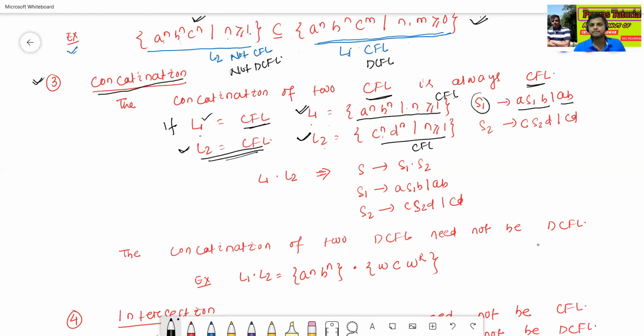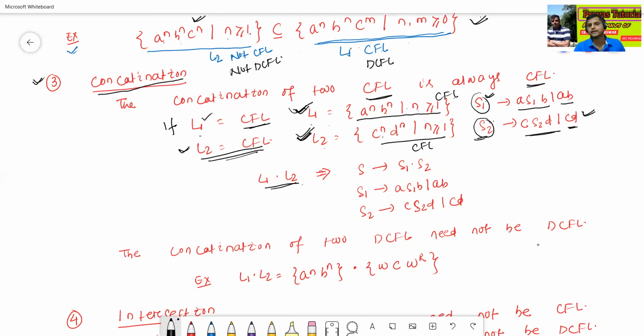Since L2 is CFL, we can also construct the context-free grammar S2 equal to c S2 d or cd. Now, L1 is CFL and L2 is CFL, so we have grammar S1 for L1 and grammar S2 for L2. Now we'll take the concatenation of both languages, L1 dot L2.